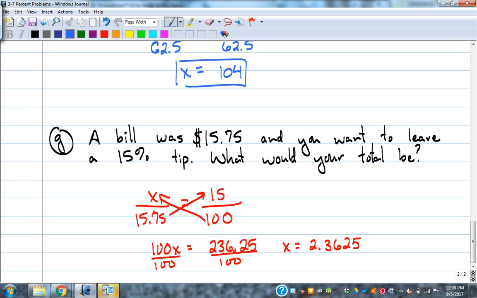This would be a personal choice whether to round up to 37 cents or round down to 36 cents. If we use the mathematical principle of rounding, we're going to round down to 36 cents. Right? So 15.75 plus 2.36.